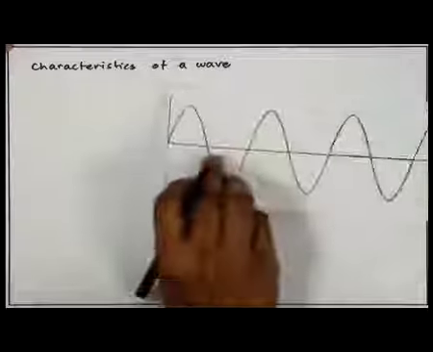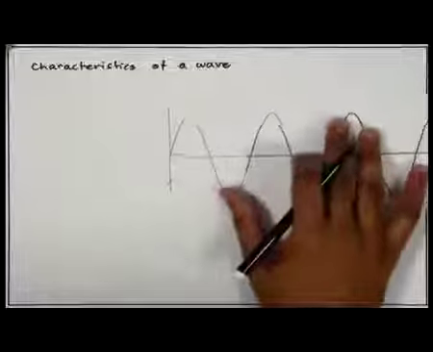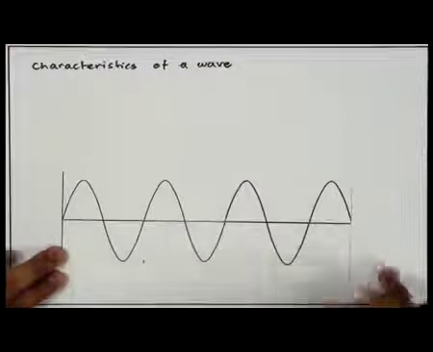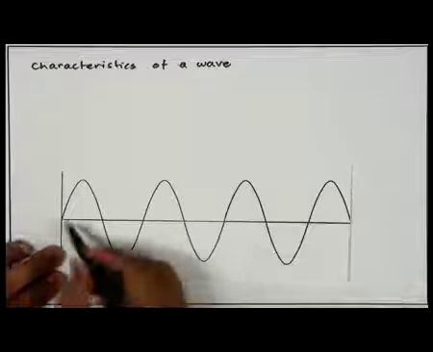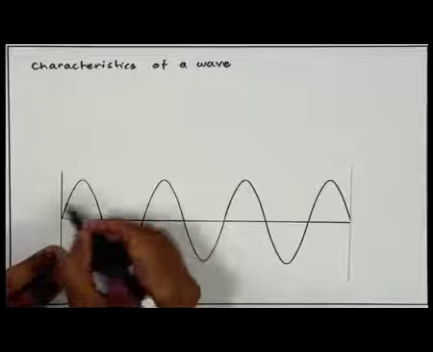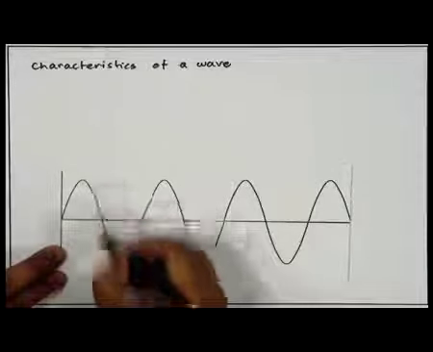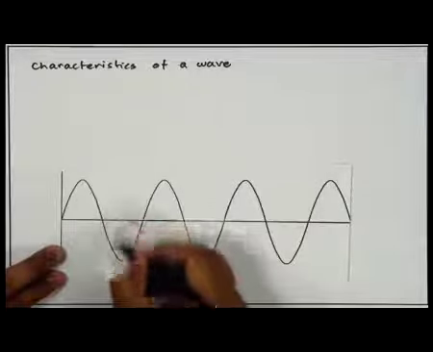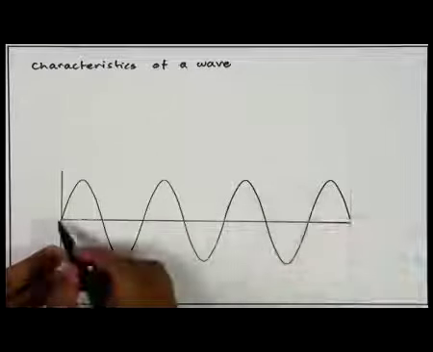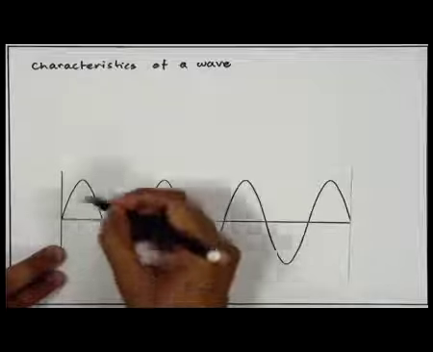I will show you one example of a wave. Here you see a wave where this is the normal position. So, you have created some disturbance, that is why the system is now getting displaced. Whenever it goes away from this normal position, which is this horizontal line, that is called a displacement.